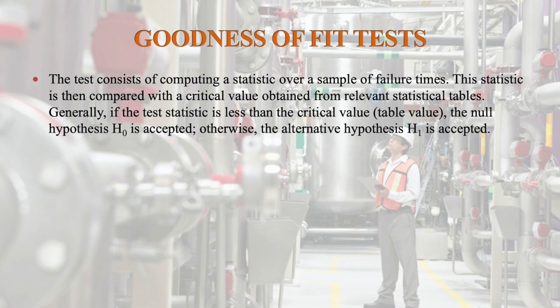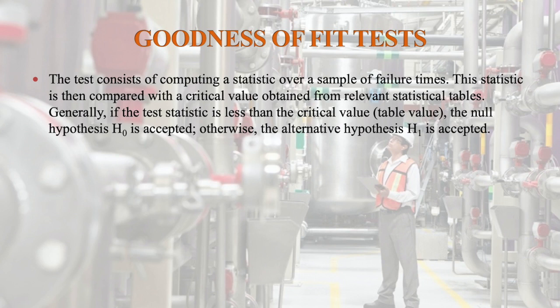The test consists of computing a statistic over a sample of failure times. This statistic is then compared with a critical value obtained from the relevant statistical tables. Generally, if the test statistic is less than the critical table value, the null hypothesis H0 is accepted.